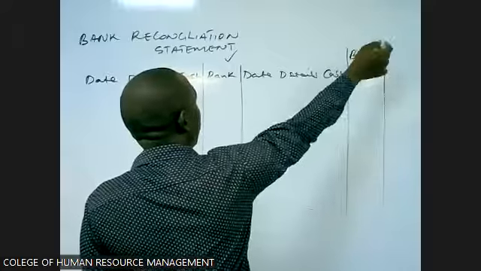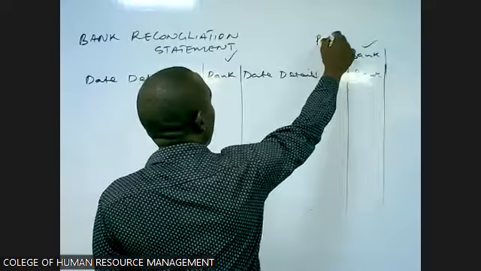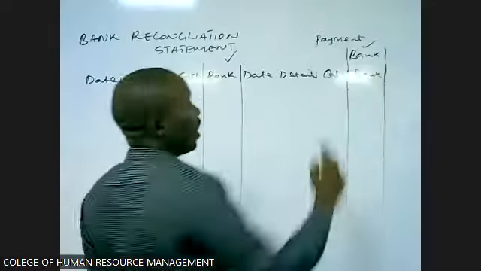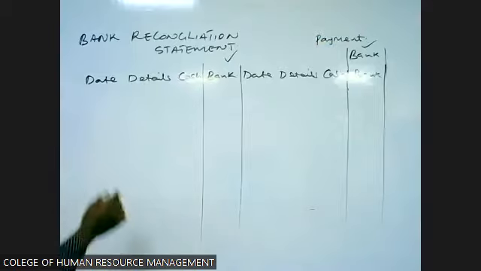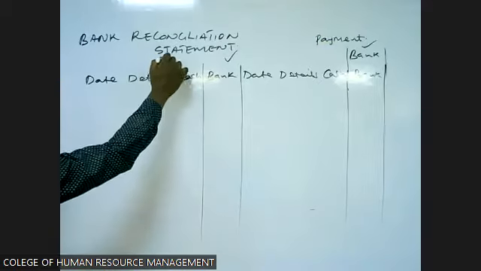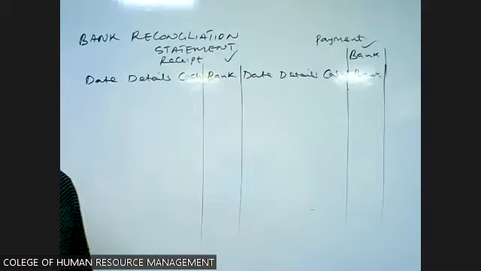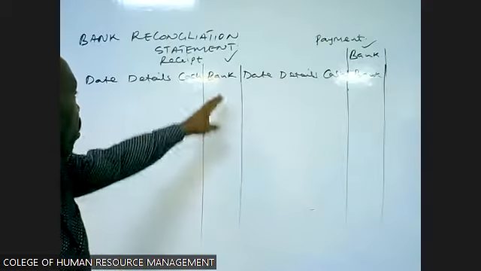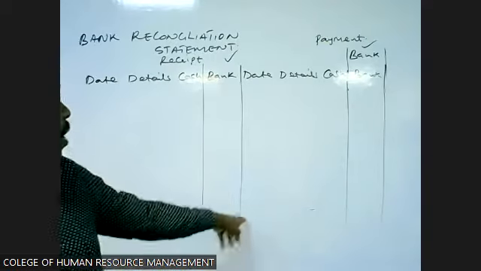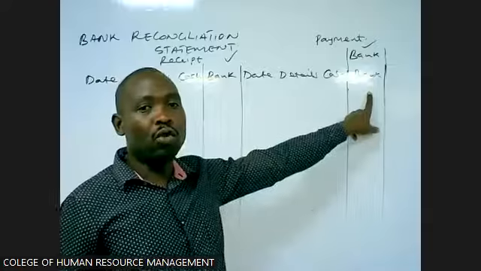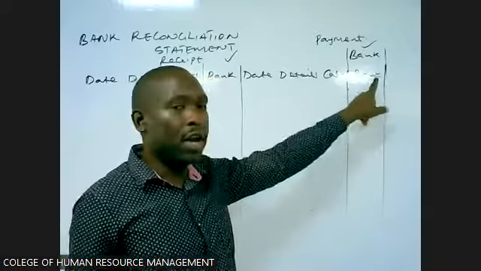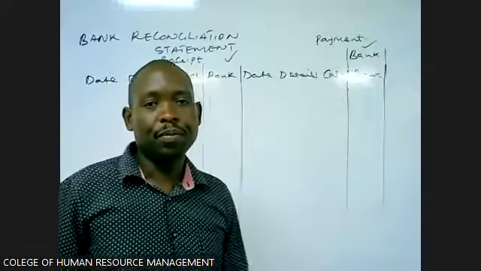This bank payment on this side is used to record any payment that we made in the form of a check. And here, it is going to record any receipt in the form of a check. Any check that we receive, we record it here. Any check that we issue out or we pay with is recorded here in the cash book.